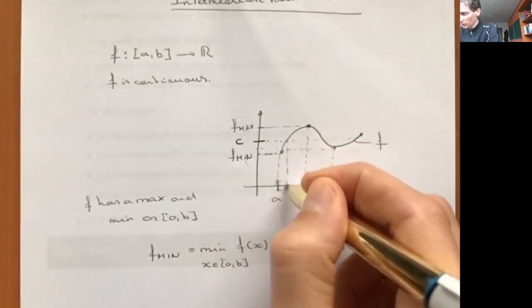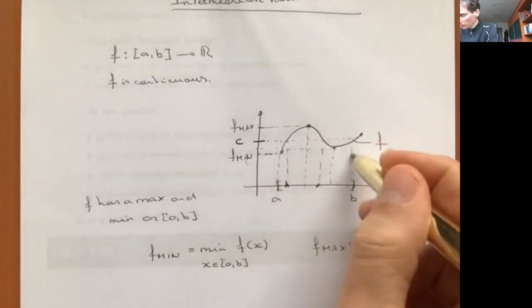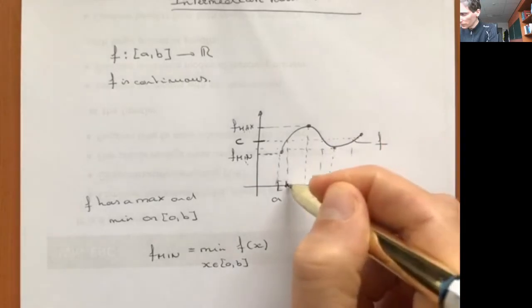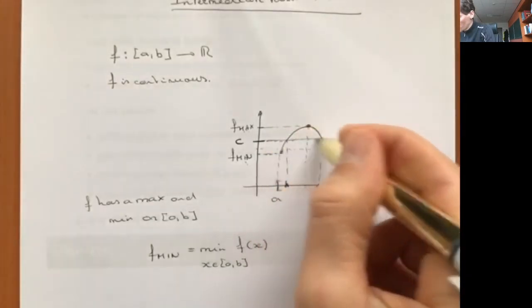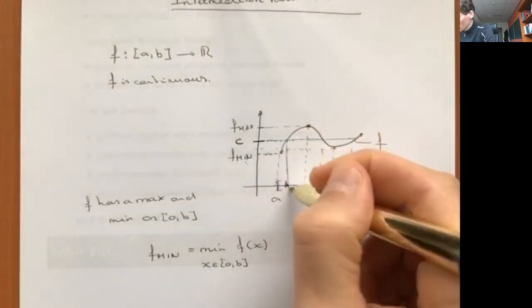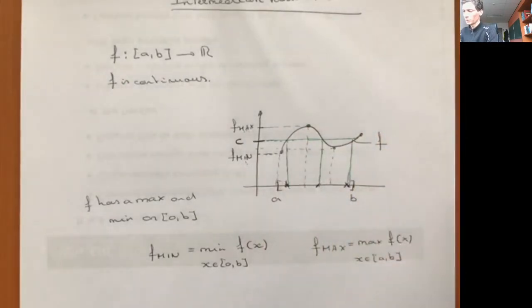Here actually this happens at 3 points, but in general there should be at least 1 point. There can be more than one, but at least there should be 1 point. So that's the intermediate value theorem.